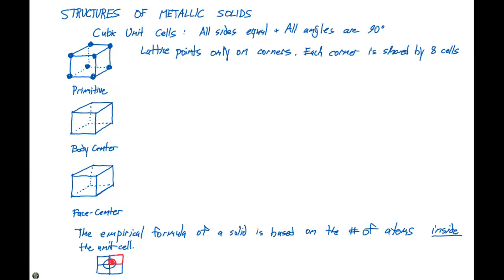Okay, so the empirical formula is based on the number of atoms inside the unit cell, and we typically see fractions of those atoms in the unit cell.